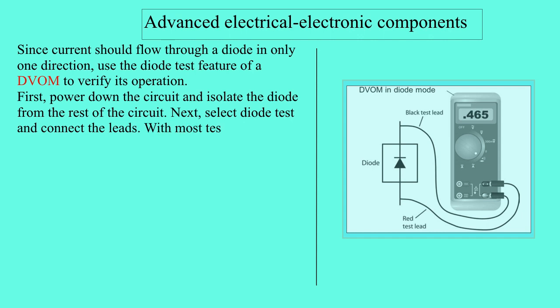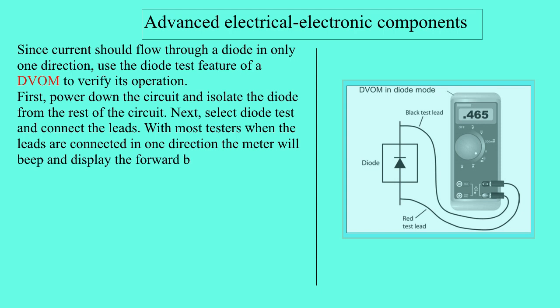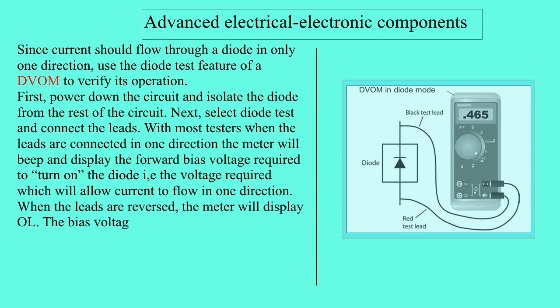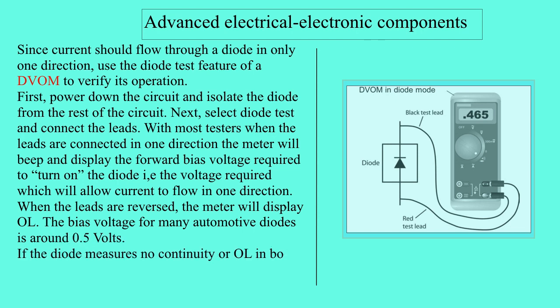With most testers, when the leads are connected in one direction, the meter will beep and display the forward bias voltage required to turn on the diode, that is, the voltage which will allow current to flow in one direction. When the leads are reversed, the meter will display OL overload. The bias voltage for many automotive diodes is around 0.5 volts. If the diode measures no continuity or OL overload in both directions, it must be replaced.